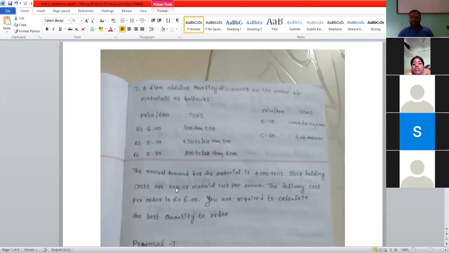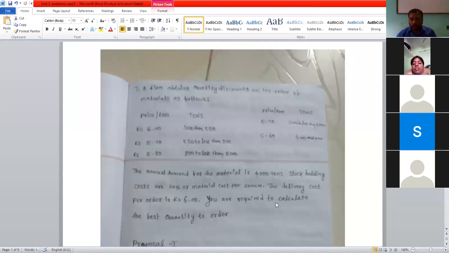Here the annual demand for the material is 4000 tons. The stock holding cost, the carrying cost I, is 20% on the material cost per annum, and the cost of placing an order, O, is 6 rupees.